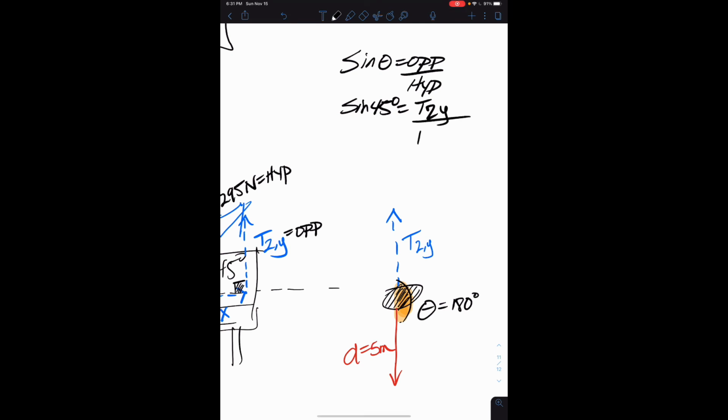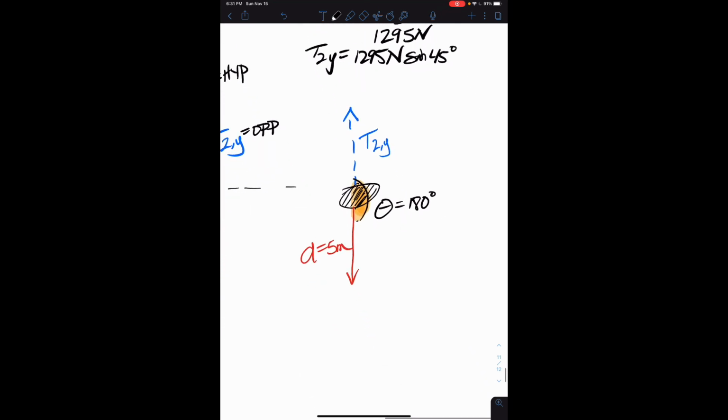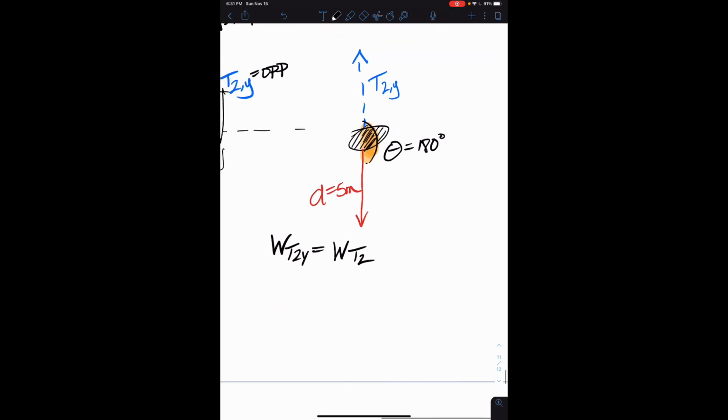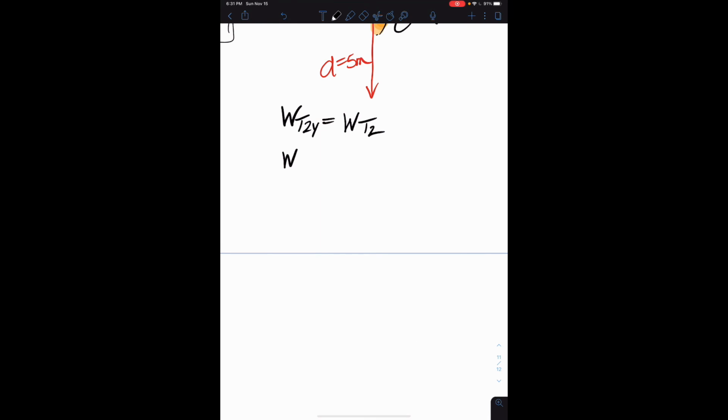Our hypotenuse was 1295, so T2y is going to equal 1295 newtons times sine 45. So now we can find the work done by T2y, which is equal to the work done by T2.